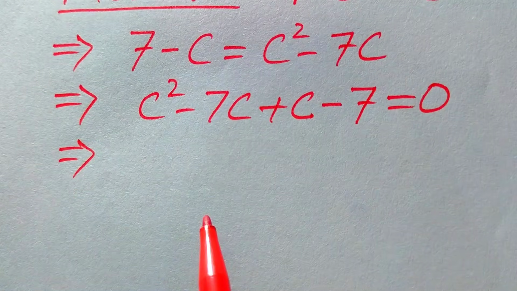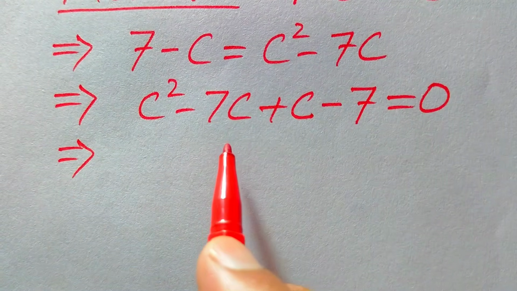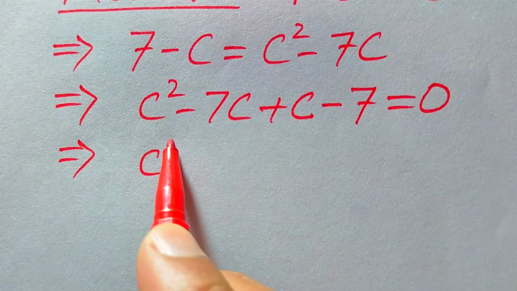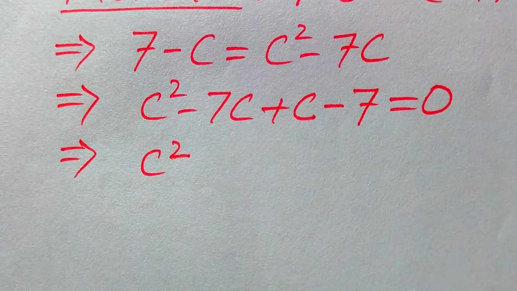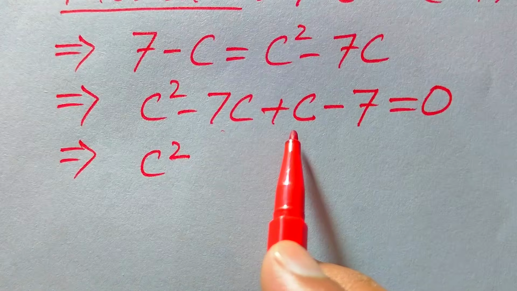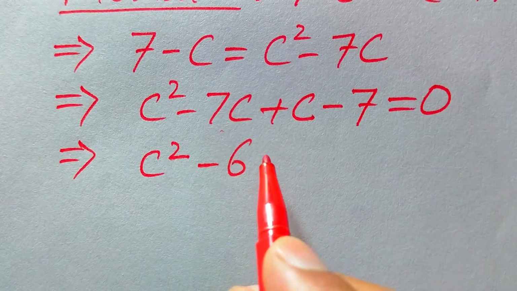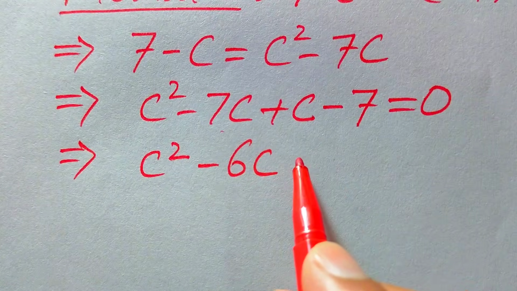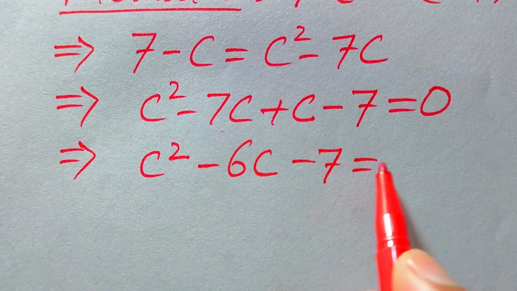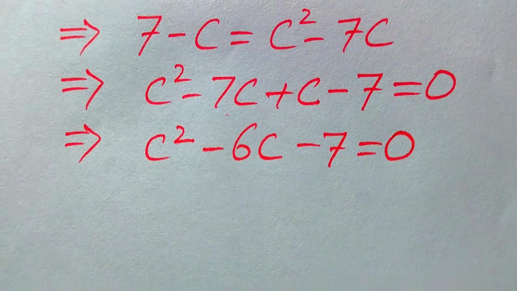Now here we need to add or subtract the like terms, and we have c², and minus 7c plus c becomes minus 6c, and this is minus 7, and this whole equation is equal to 0.